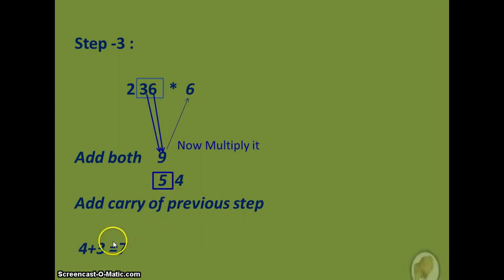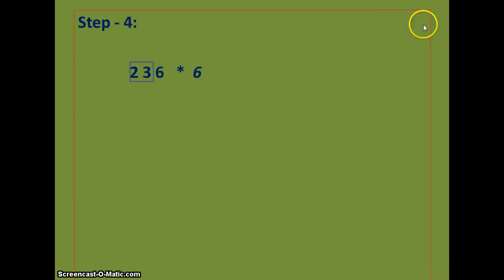Now, in the previous stage, do you remember in 36 the carry was 3? Now we are adding 3 here. Now it is 7. Look here, the number will form gradually: 6, 7, 76. Now come to the next step.